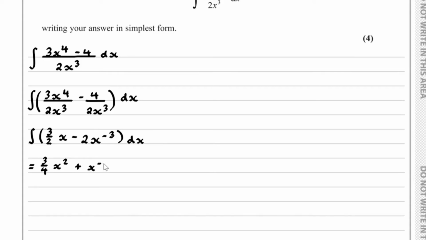So we've got x to the power of minus 2. And then we add on a constant of integration, c.